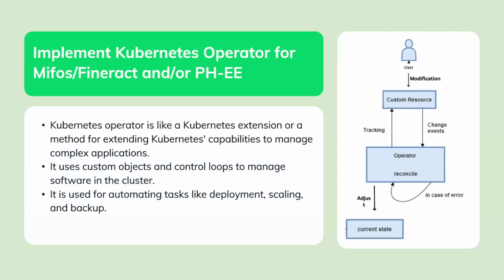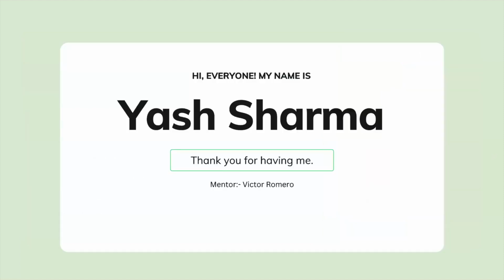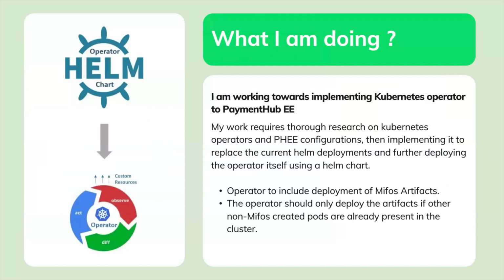Now, where exactly am I applying it? I am working towards creating an operator which will be used in deploying the Mifos created artifacts in the payment hub. Here, Mifos created artifacts means the deployments which are currently being done in the payment hub that are created by Mifos.